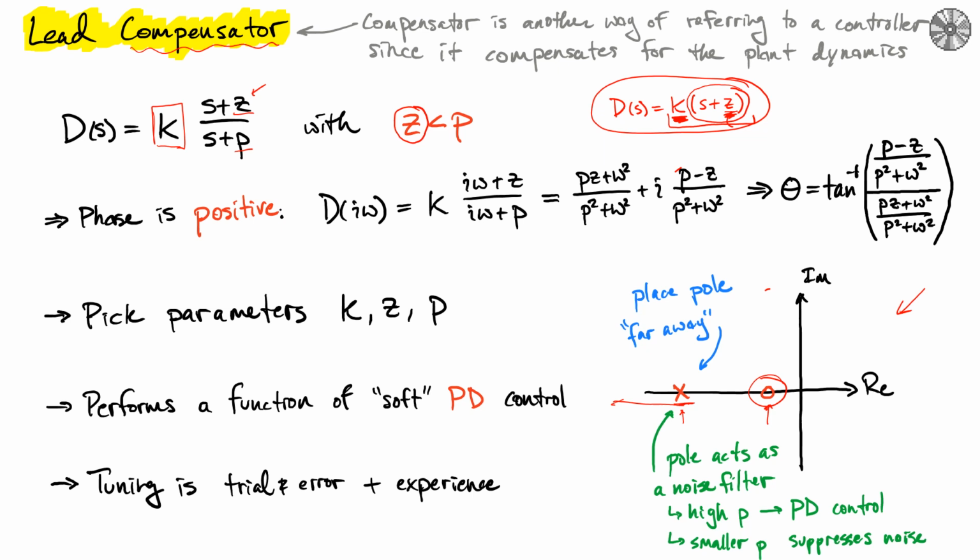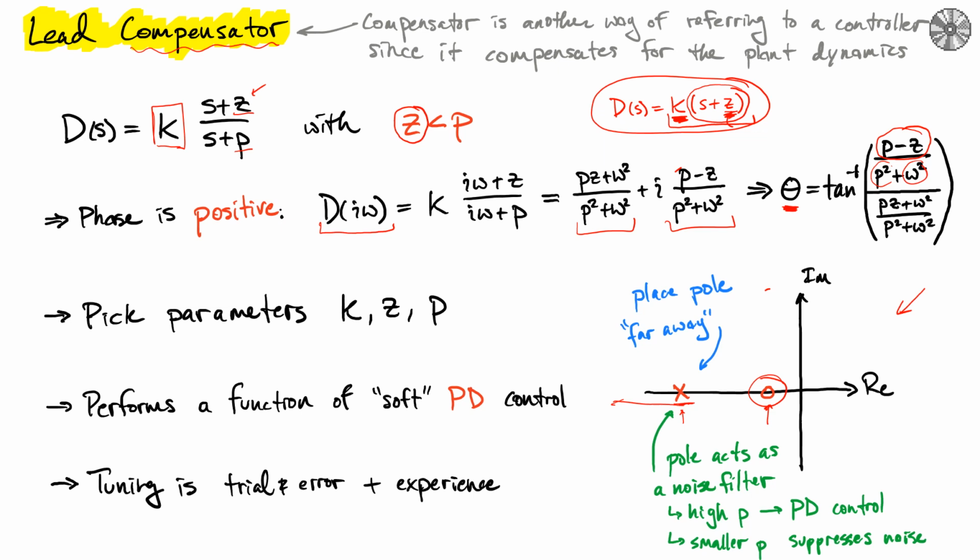If we wanted to show that precisely, we could evaluate the lead compensator at i omega and separate it into its real and imaginary parts and observe what the phase is, and we'd see that everything is positive except for this quantity here. Everything's obviously positive because it's quadratic, and so on.